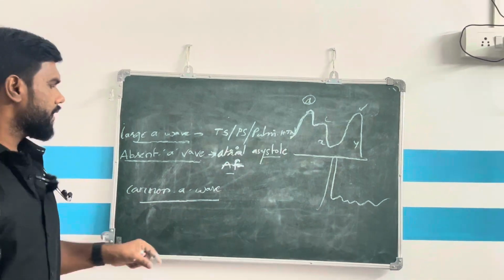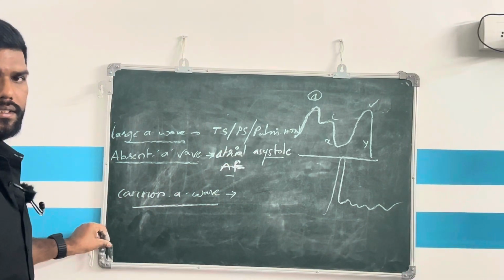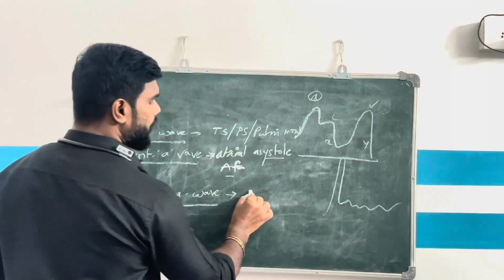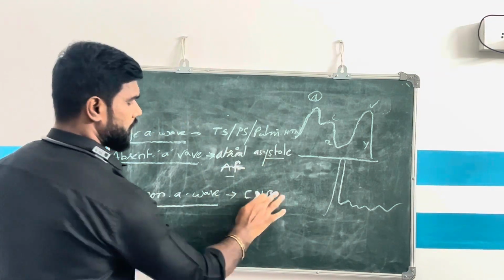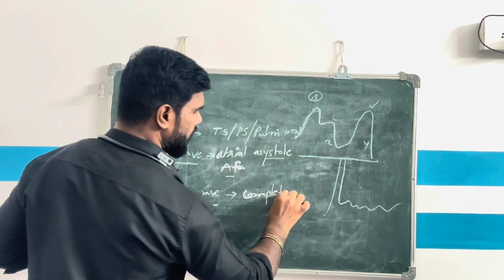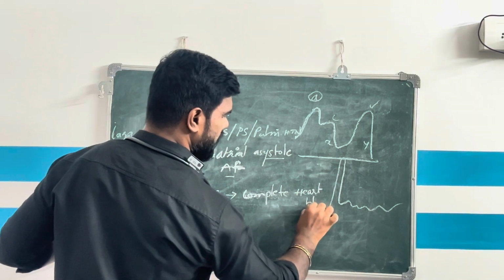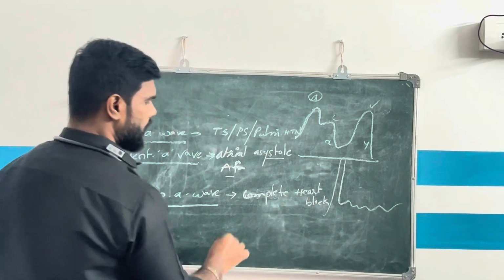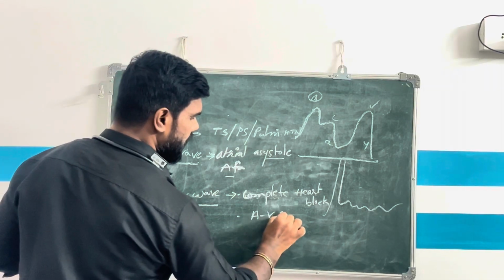This cannon A wave is produced in which conditions? Complete heart block, or AV dissociation.